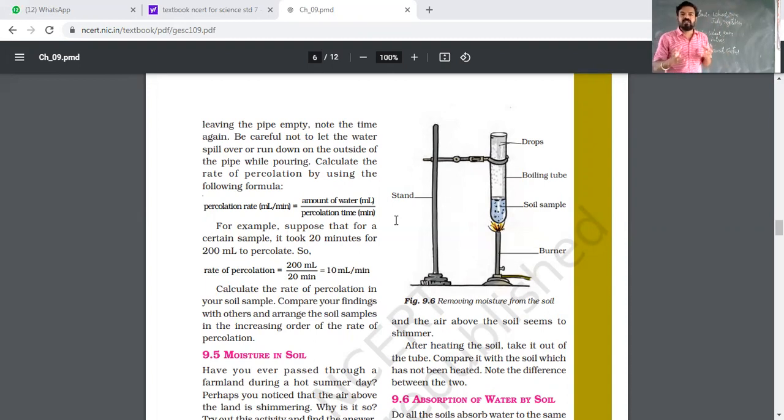So when you go over that place, you have the idea how these water drops are present in the soil. This is the moisture which is present in the soil, and it gets the heat due to the sun rays.